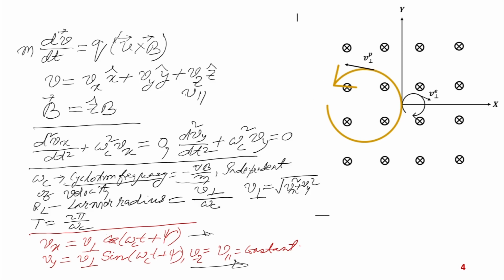For a positive charge q, it will move in a counterclockwise direction with the tangential velocity vt. For the electron, it will be clockwise.